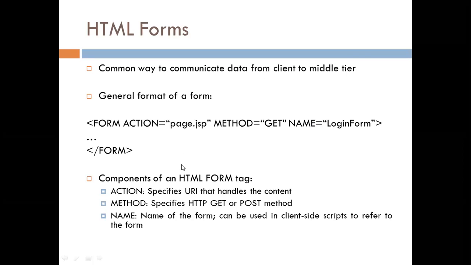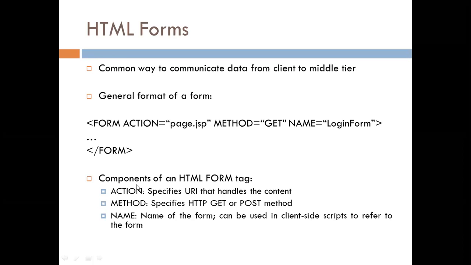The form components of an HTML form include the action. Action specifies the URI, the uniform resource identifier, that handles the content, which means when we submit it, that page will take over the control, and that page is capable of reading all the data present in the form.